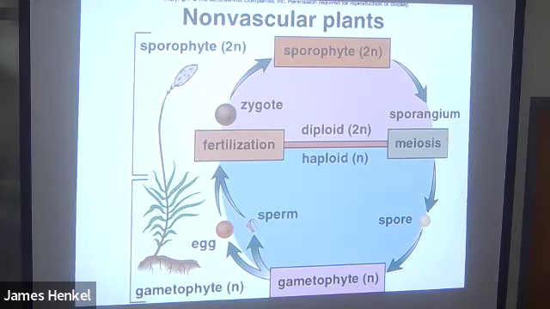Now, remember, the sporangium is where the spores are made, and the action going on inside to make the spores is meiosis. So it isn't like the sporangium turns into spores. The cells within the sporangium undergo meiosis.